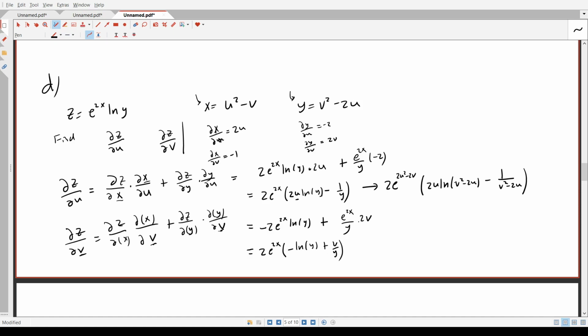Now it's all in terms of one set of variables. And same thing here: e to the 2u squared minus 2u times minus ln of y, which is v squared minus 2u, plus v over v squared minus 2u. And those are my two answers.